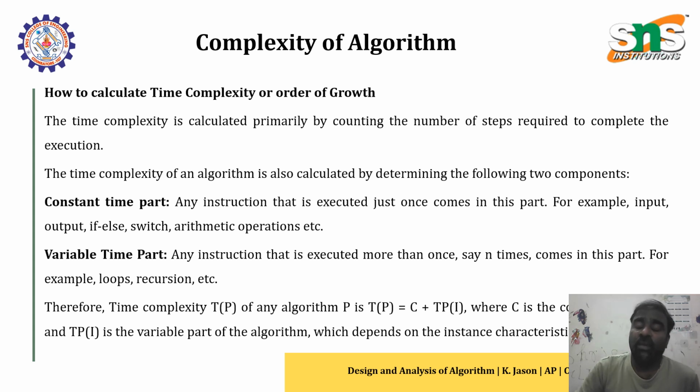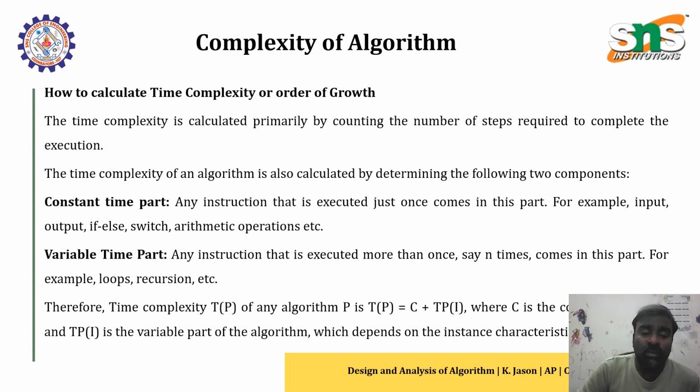Time complexity is otherwise called the order of growth. It is calculated primarily by counting the number of steps required to complete the execution. It is also calculated by determining two components: a constant time part and a variable time part. The constant time part is any instruction executed just once, for example input, output, defaults, switch, arithmetic operations.